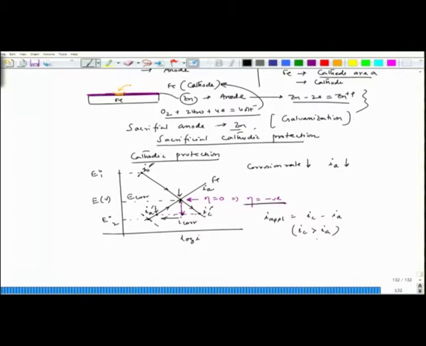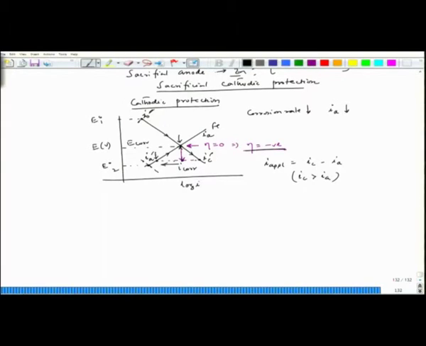So, that is the philosophy of cathodic protection, and you can do it by using a sacrificial anode like zinc, or you can do it by sending negative current to the iron structure which is to be protected cathodically from a DC power source. It is DC because we have to keep this iron surface as cathode all the time.